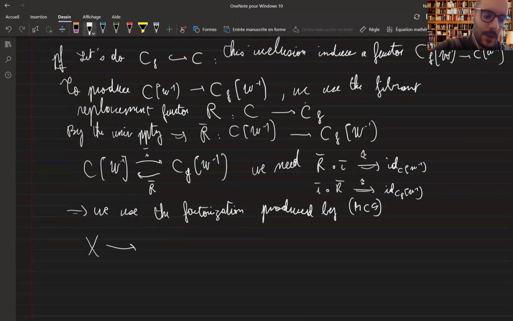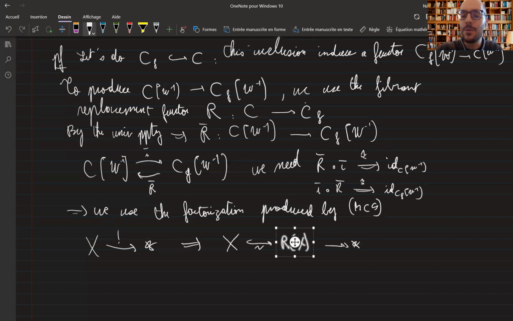If you remember, how is this fibrant replacement functor produced? You have a canonical map from X to the terminal object. This is factored as an acyclic cofibration followed by a fibration. It is this object that you call the fibrant replacement functor. And so let's call this acyclic cofibration Jx.